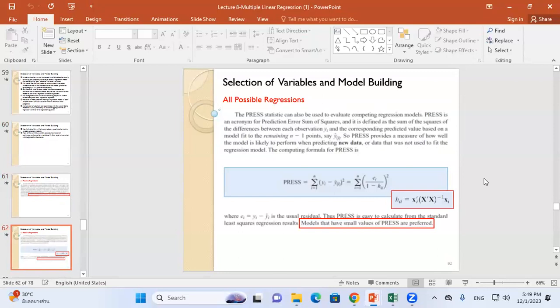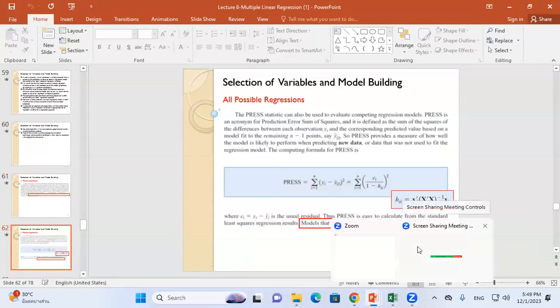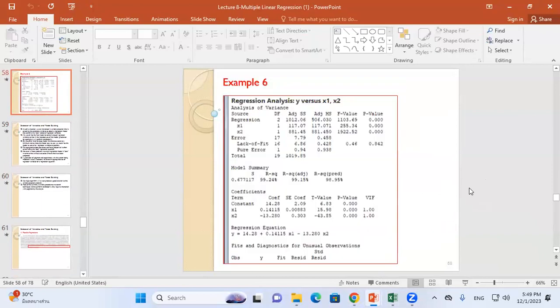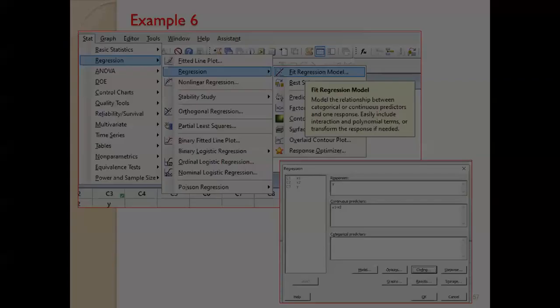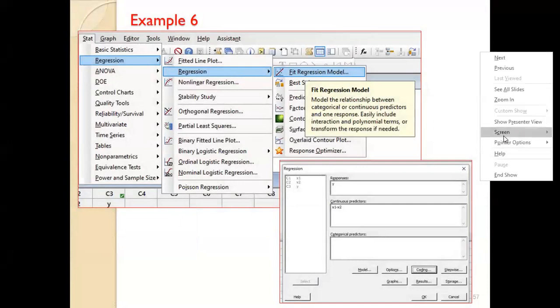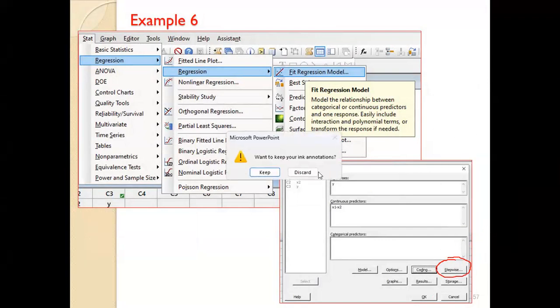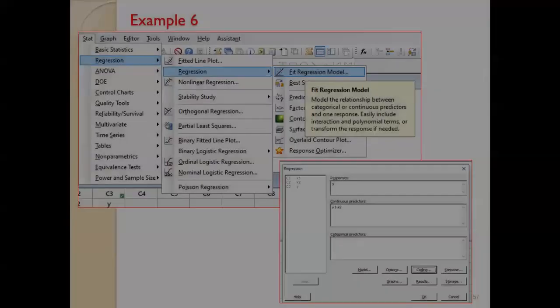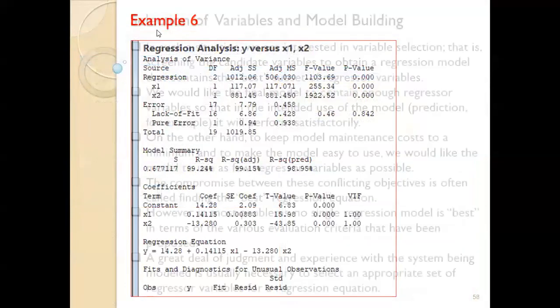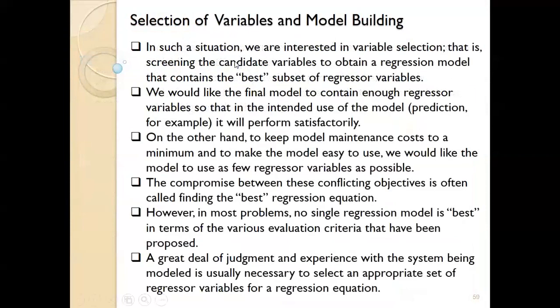You can find it in Minitab, because there is a stepwise button. In Minitab, we have some model options, and this step is the technique to find the solution. It is the selection of variables for the model.